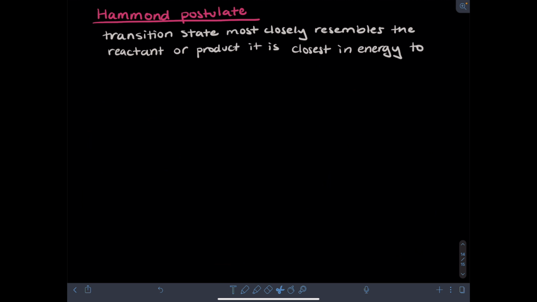What's known as the Hammond postulate talks about the structure of the transition state. And the Hammond postulate states that the transition state will most closely resemble the reactant or product that it's closest in energy to.